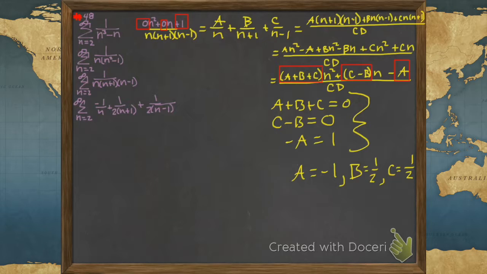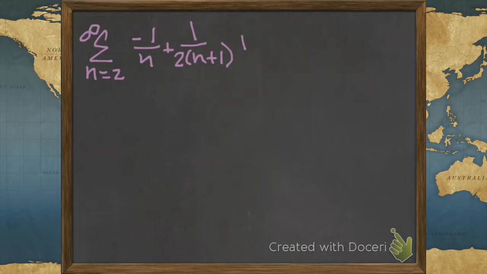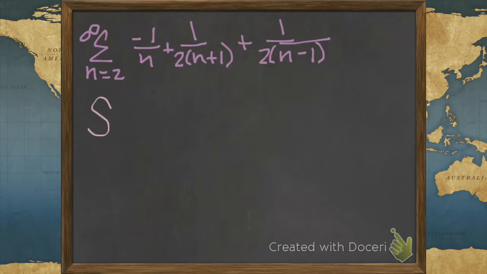Now what? I need to go through and find these iterations. So, let me make some room. I rewrote our sum expanded out.